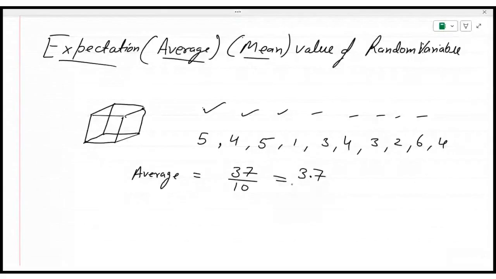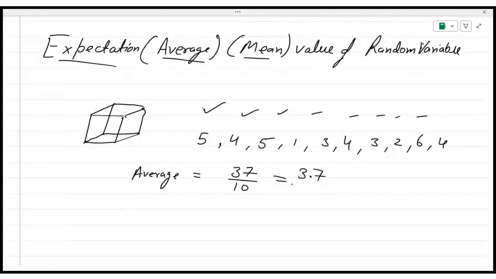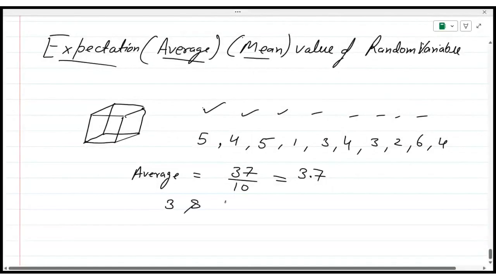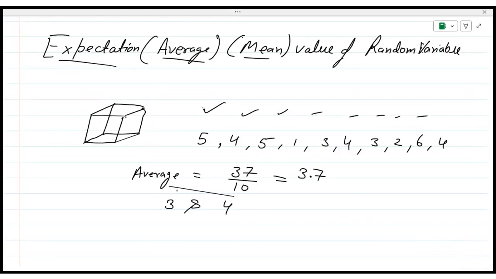My claim is most of the students who have performed this activity will get the average between 3 and 4. You will, 100%, many of the students who have done the activity will get the average between 3 and 4.